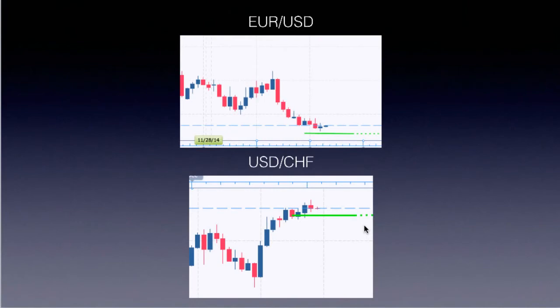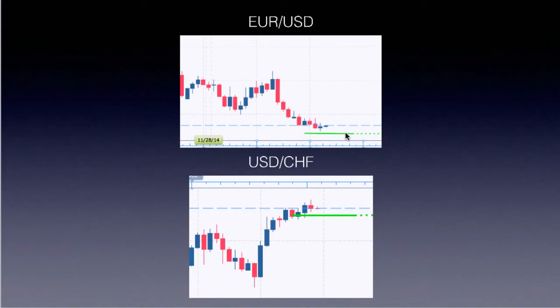So let's take our Euro US dollar and our US dollar Swiss franc. The little green lines here that I have on the chart are representative of where we would set up an entry. Now, I've exaggerated this just a bit so that you can see it more clearly.